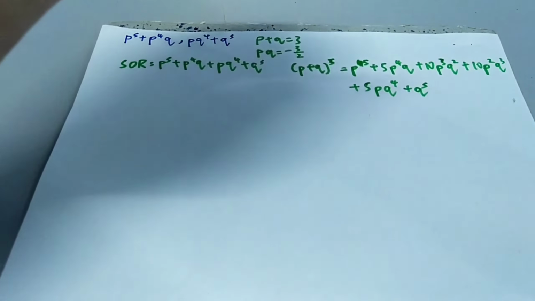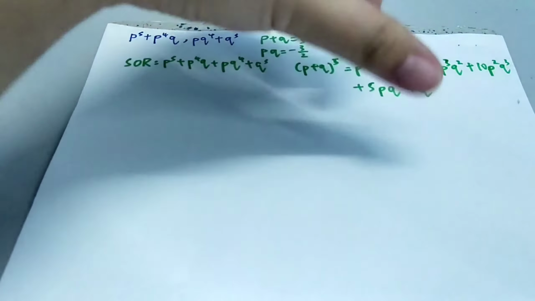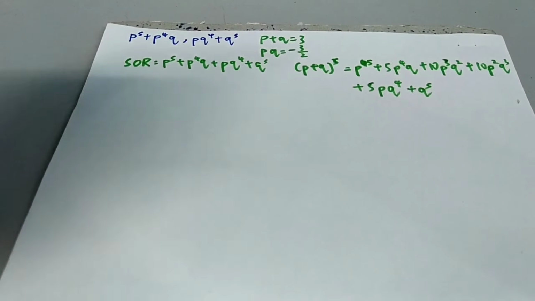So we will just take these four terms to the other side in order to get p^5 + q^5.